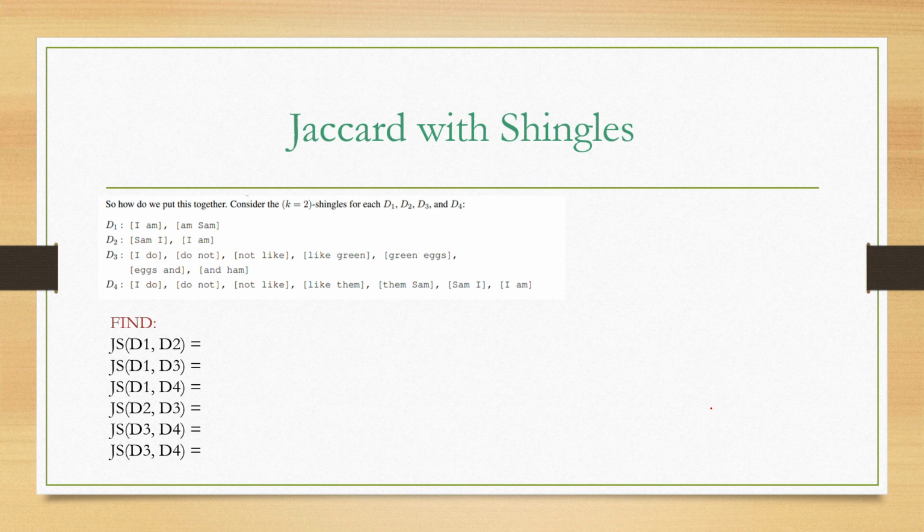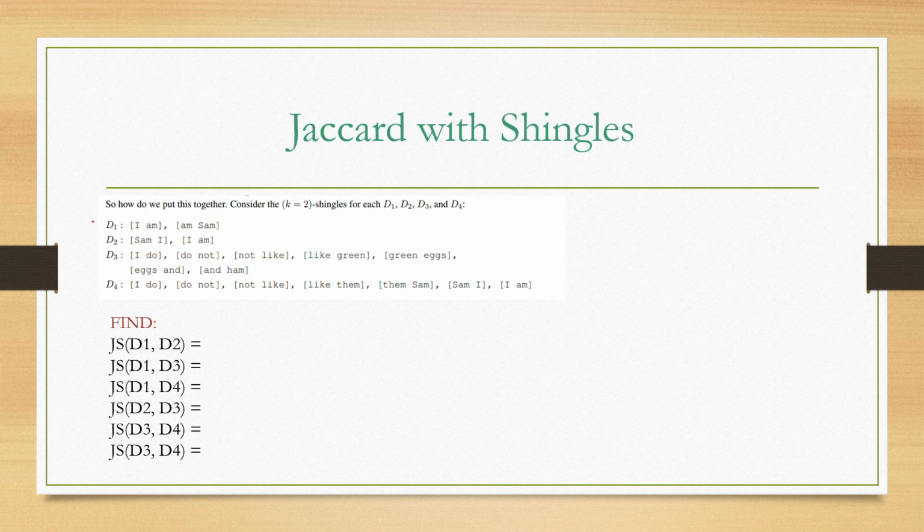Okay, so now let us discuss all what we have discussed up till now. We know how to convert a document into a set, and we know how to compute Jaccard similarity. Now we will combine these two and try to find out the Jaccard similarity between two documents which are represented as sets.